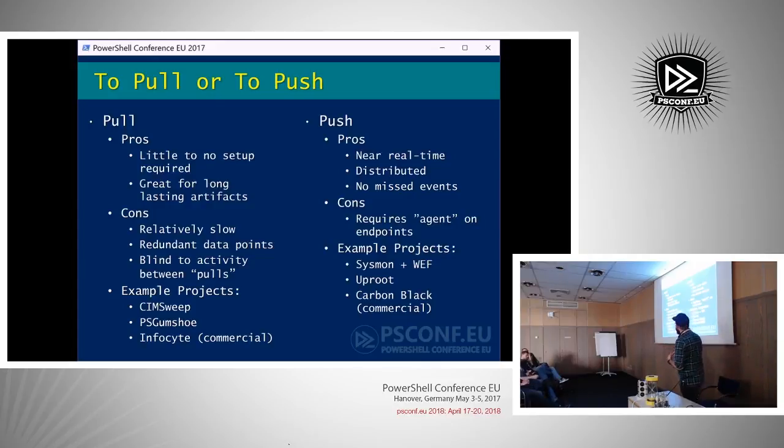As a consultant, I usually end up doing this pull thing because it's really difficult to go into an environment for 3 weeks and say, hey, you guys need to install this agent, or Carbon Black or Uproot or Sysmon. They're just going to say, yeah, that's never going to happen in 3 weeks. That won't happen in a year, right? And so we end up falling back to this pull methodology. Some of the cons of the pull methodology is that it's usually relatively slow compared to push, and you're going to miss information between pulls.